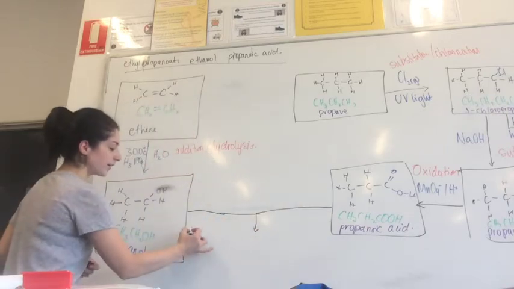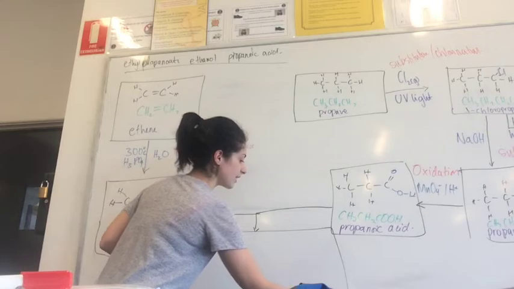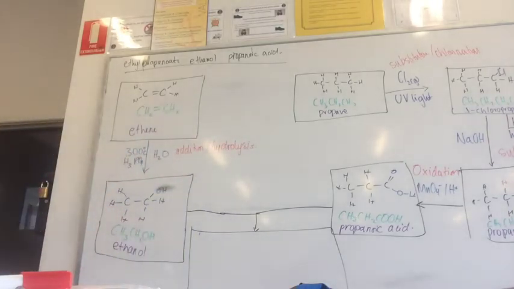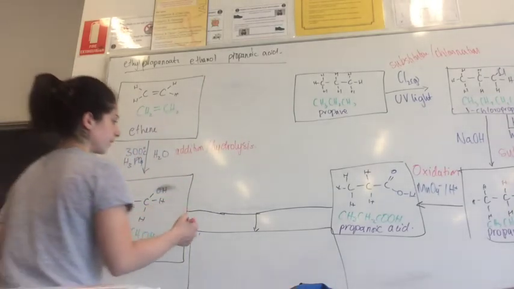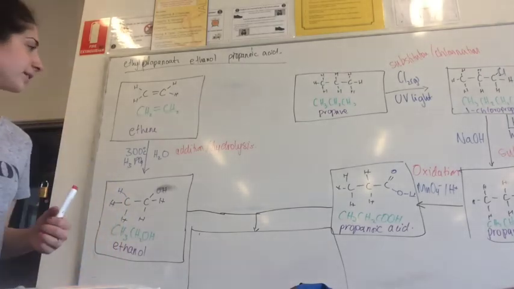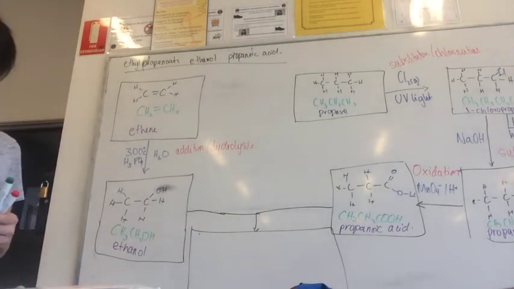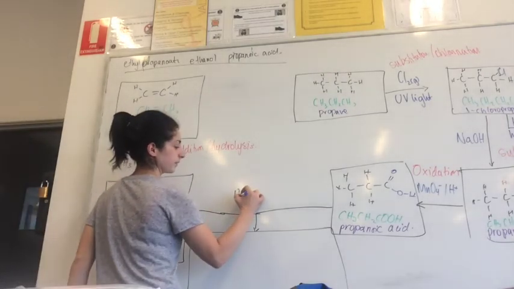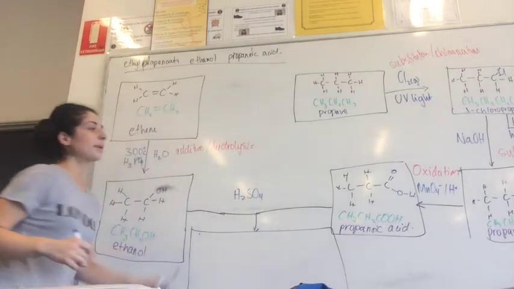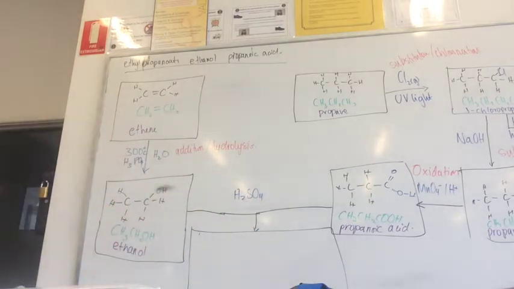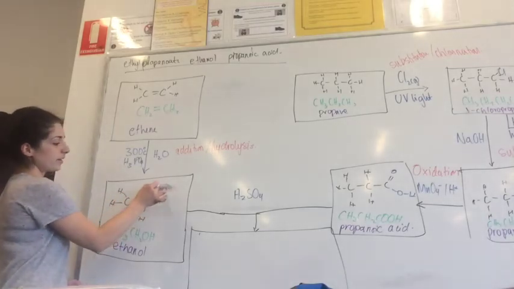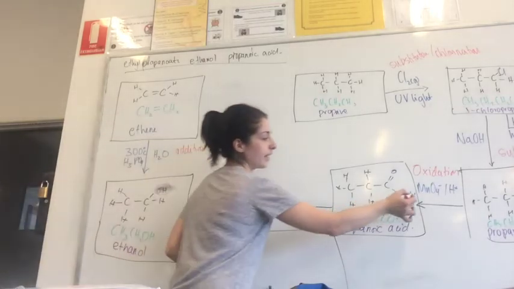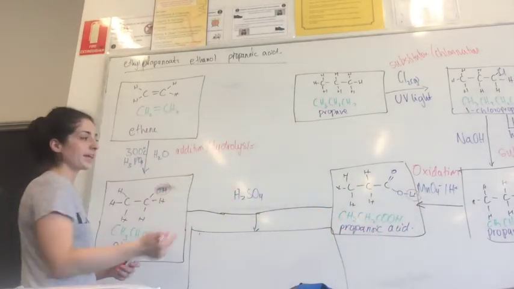So last one. How do we make our ester? What do we need? And one more thing. H2SO4. Remember, what removes water? It would take this and this, let's say, and it would make H2O.